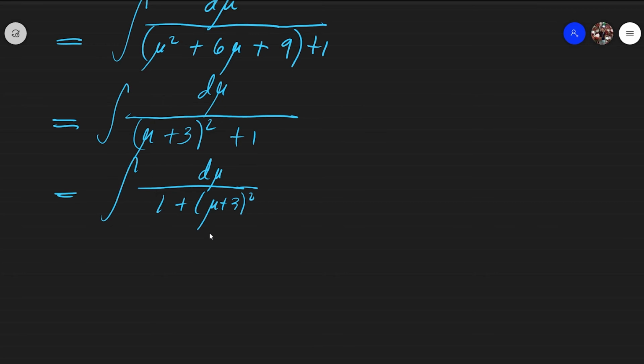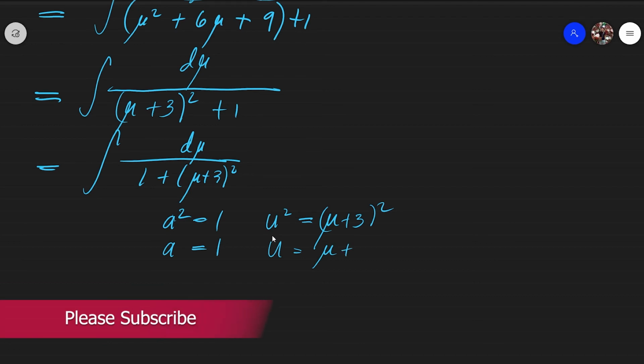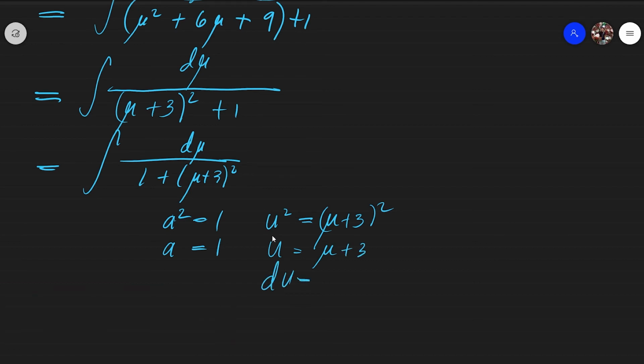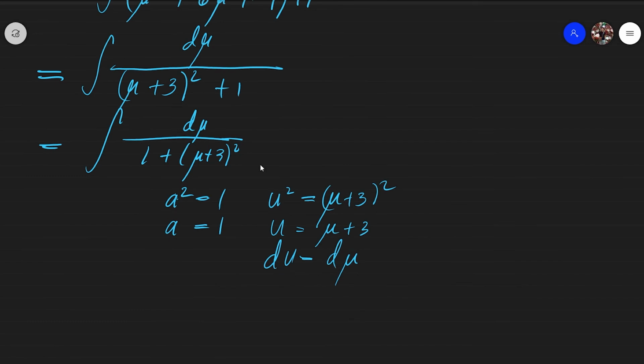So first, you have to identify the value of your a squared, and that is equal to 1. So your a is equal to 1 also. And your u squared is equal to mu plus 3 squared, of course. And your u therefore is equal to mu plus 3. So you have to get your du, and this is equal to d mu. It fits perfectly because the differential of u is the same, d mu.